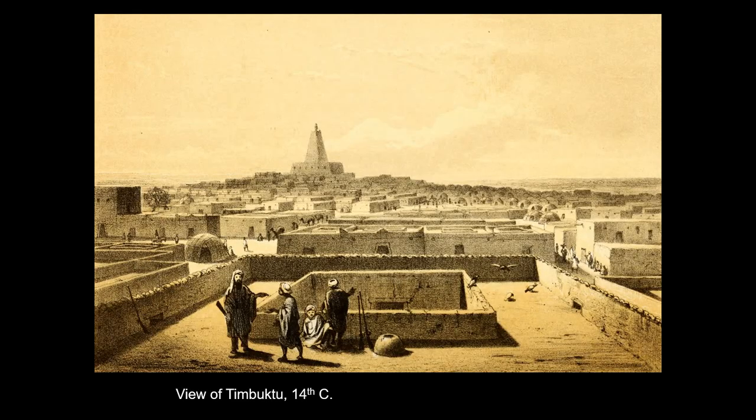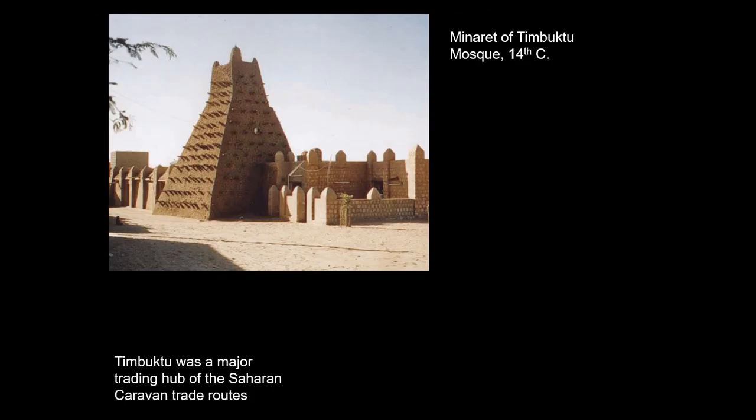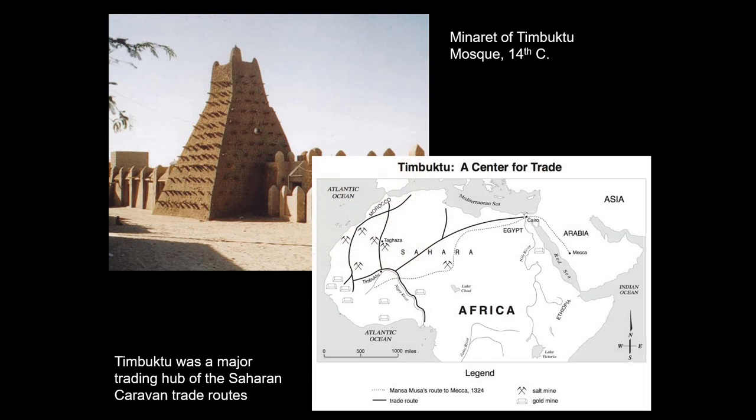And then we have Timbuktu, which in the 14th century was a major center of learning, right there at the northernmost reaches of the Niger River Delta, and it became a trading hub for all of the caravans coming south. So we still have a mosque there, and there you could see it.